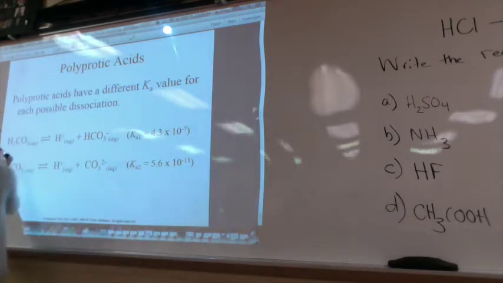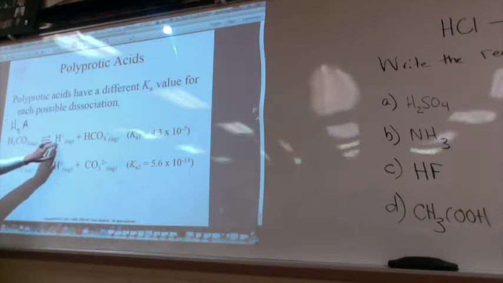They will just do something like H2A, right? It'll say the following polyprotic acid has a Ka value of blah, blah, and they just put an A. So it doesn't really matter what it is. You just have to recognize that you're looking at the Ka values. So this first dissociation gives you off this first hydrogen. So you don't remove both of them, you just remove one of them.